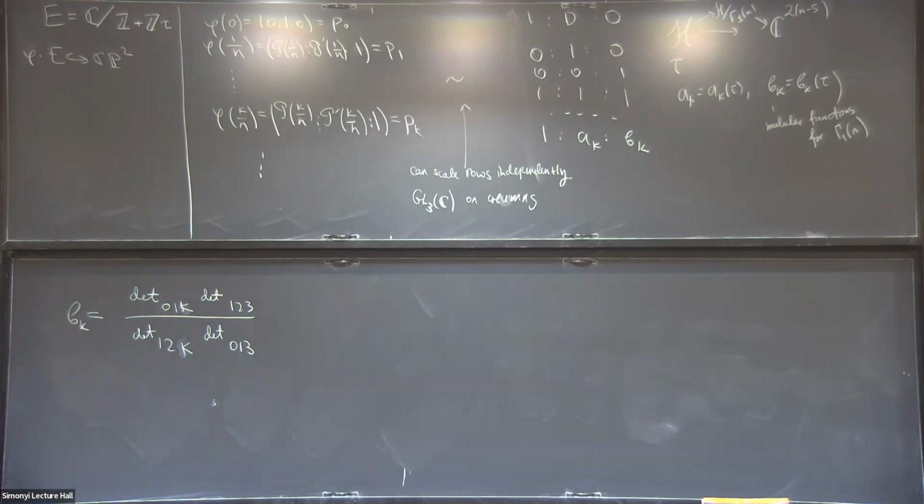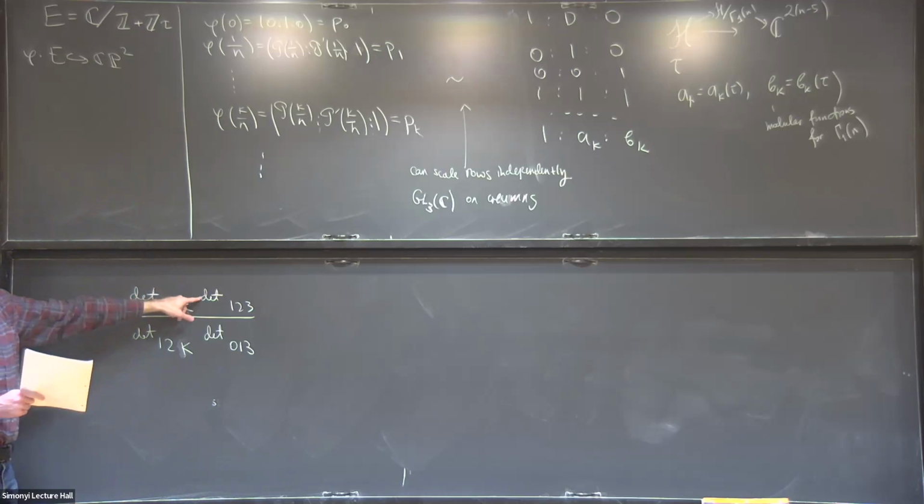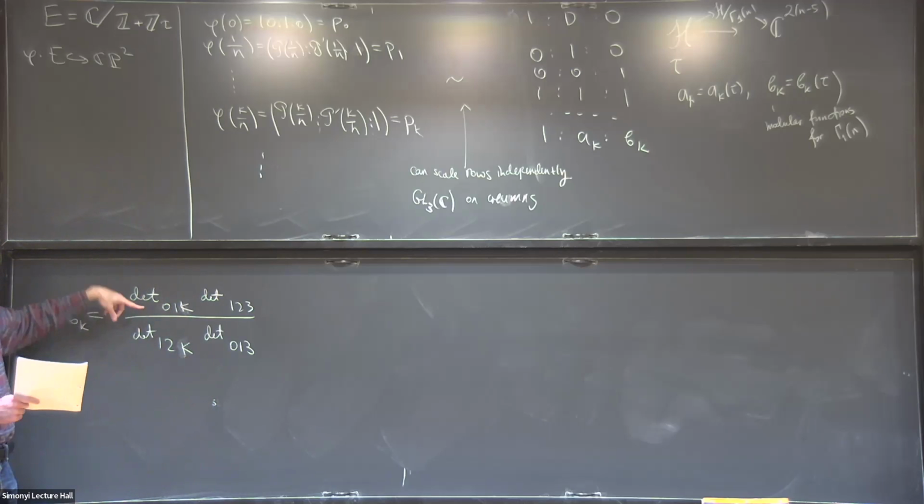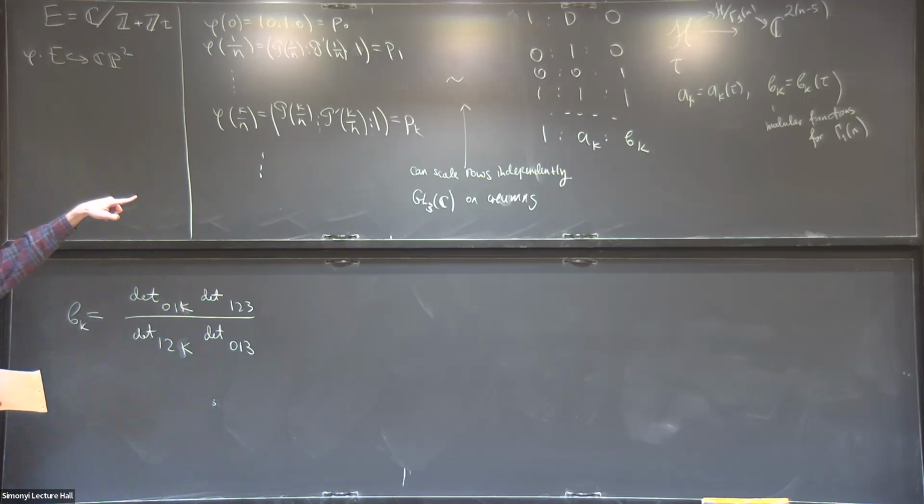When you write this ratio of determinants, if you do a GL3 on columns, they just all get multiplied by the same number. And the number of indices of each kind upstairs and downstairs are the same, so scaling rows doesn't do anything either. This particular one on the right gives me BK.